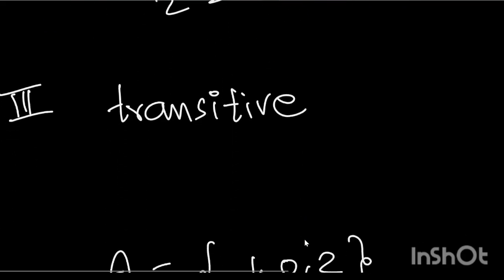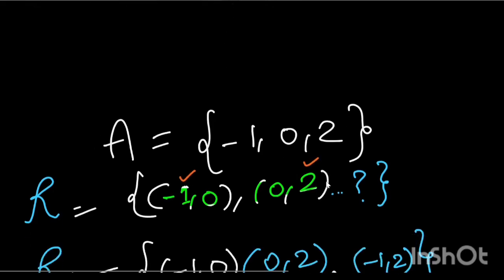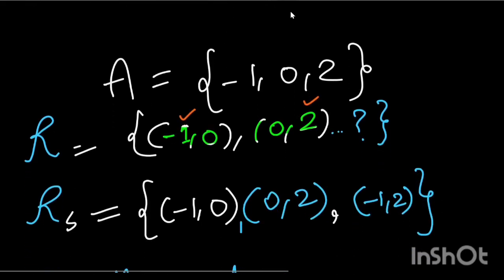For transitive, if minus 1, 0 and 0, 2 are there, AB, BC, so AC should be there. AC means minus 1, 2 should be there, so we add that here. So one element we need to add.